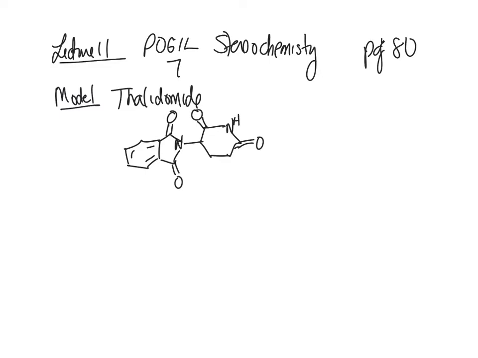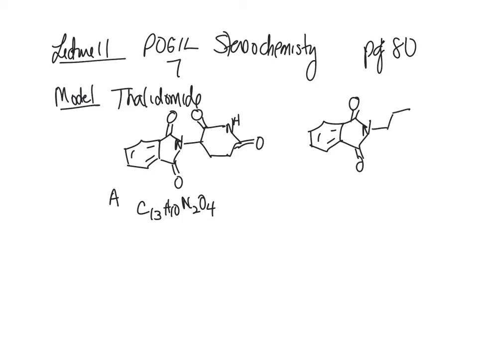Thalidomide, if you look it up, was in the 60s. It was given to pregnant women in different countries, not in the United States. The FDA did not approve it, but people in Canada and Europe would take thalidomide for morning sickness.